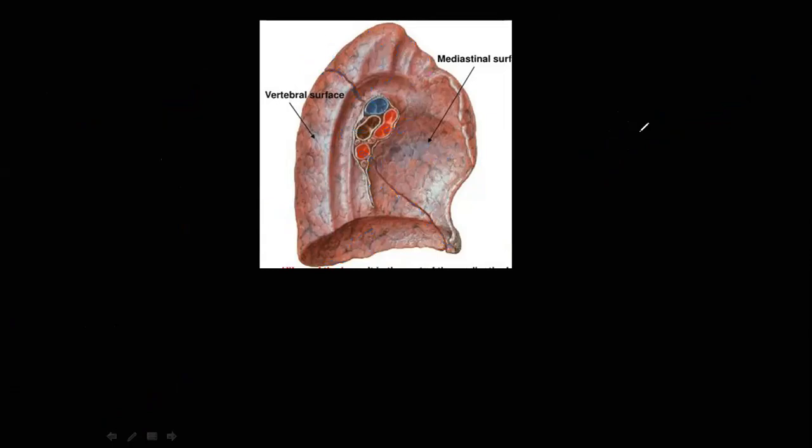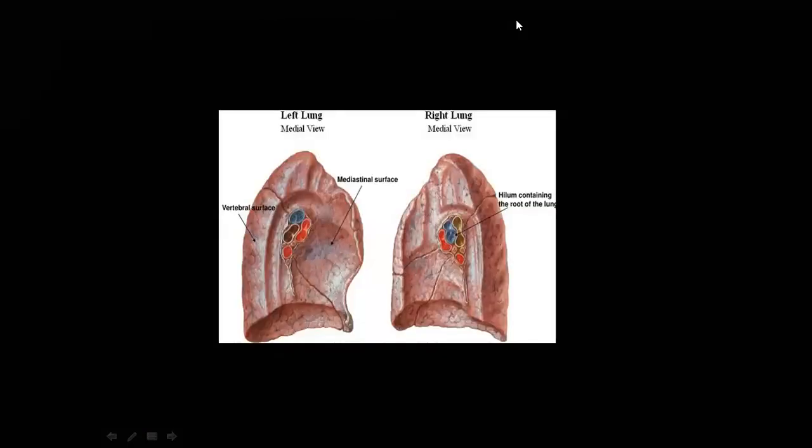Okay, we'll go to the right lung. It is easy, inshallah. Right lung. Identify this impression. Right atrium. This vein, superior vena cava. And here, inferior vena cava. Here, right brachiocephalic.